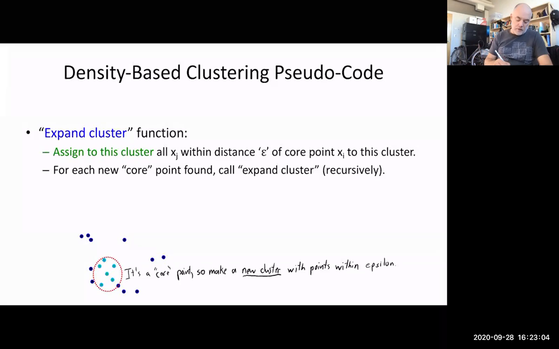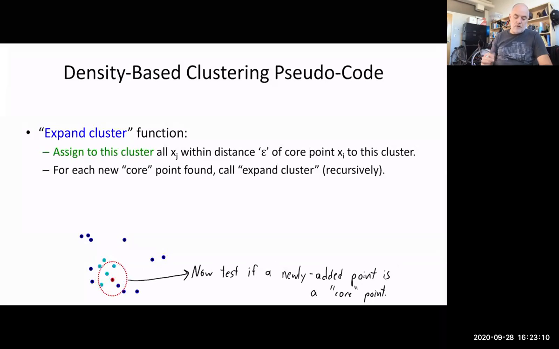Then we need to go through each of these. We need to put all of these points basically on a queue, right? And continue, calling the expand cluster function. We test to see whether or not each added point is a core point. Here it is.